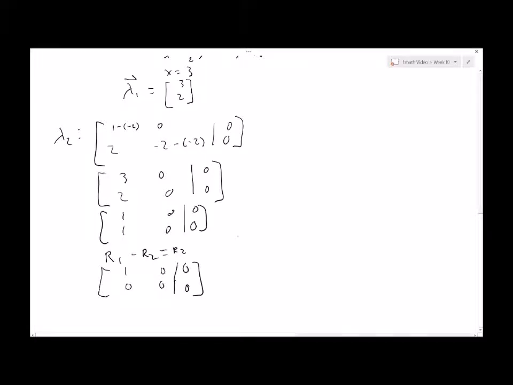Alright, so in this case, we know that x equals 0 and y is arbitrary, so just pick any non-zero value. In this case, I'm going to pick 1, so our eigenvector 2 is going to be 0, 1. You could also use 0, 10. You can have y be anything, as long as it's still a multiple of the one I have.